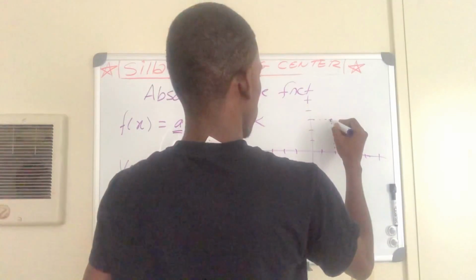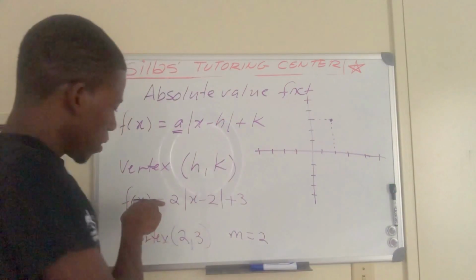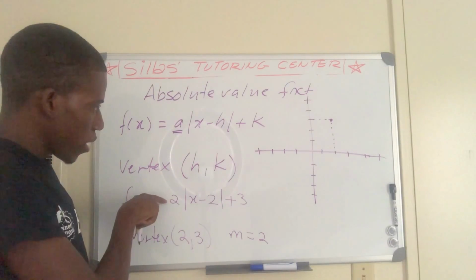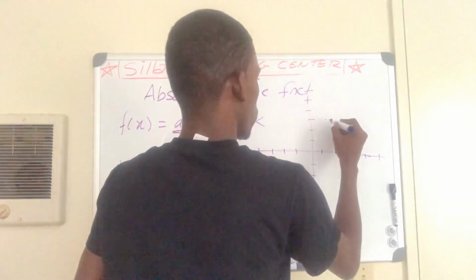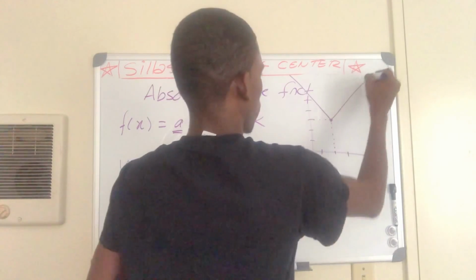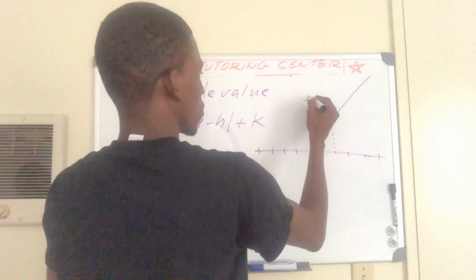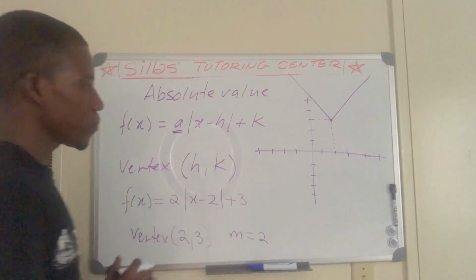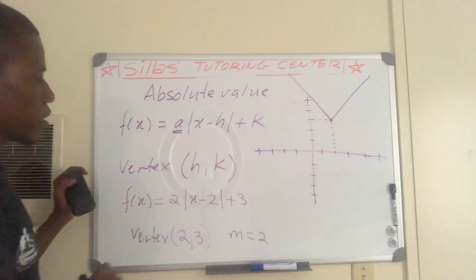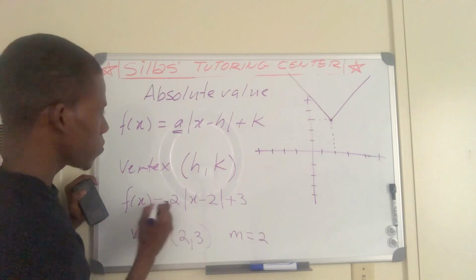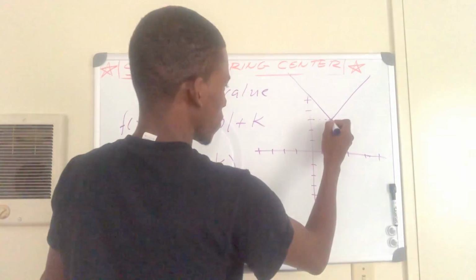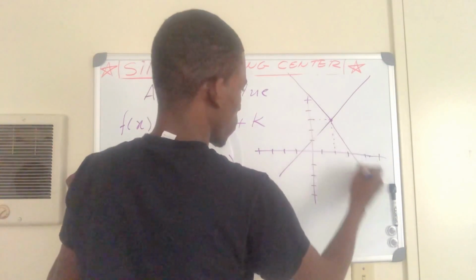So my V is going upward because the sign right here is positive. My V is going to go this way. That's the graph of my function. Okay, but if it was negative 2, my function would go like this. For negative 2, this way.